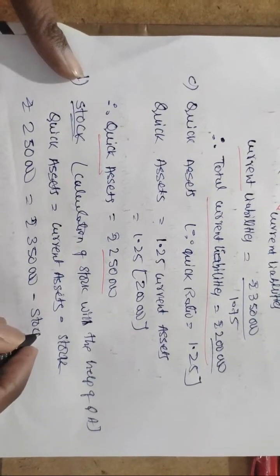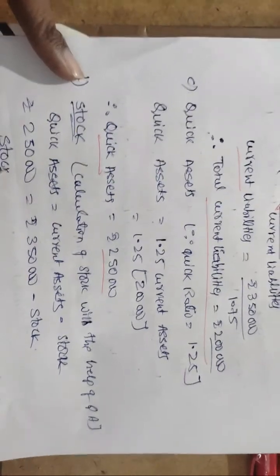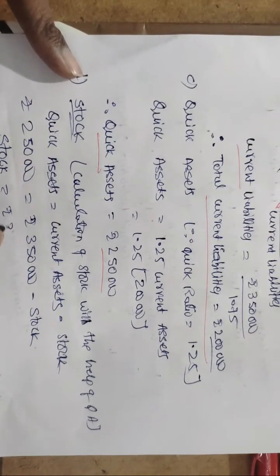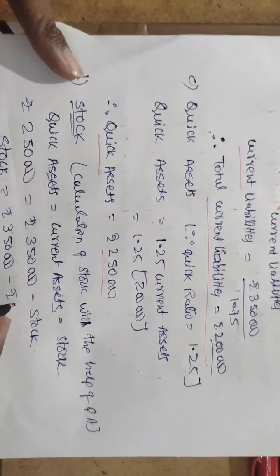If you take stock to the other side, stock is equal to rupees 3,50,000 minus rupees 2,50,000.